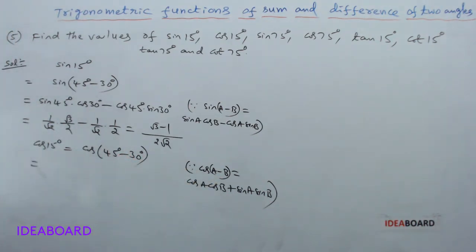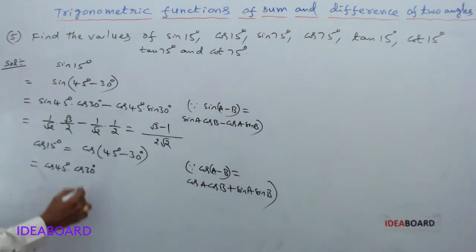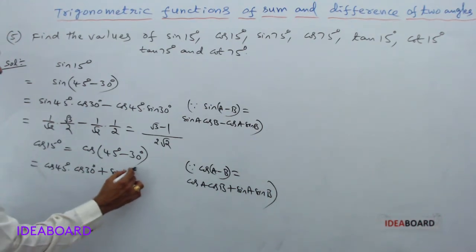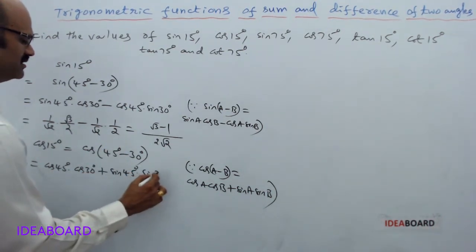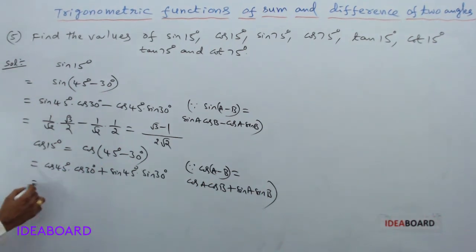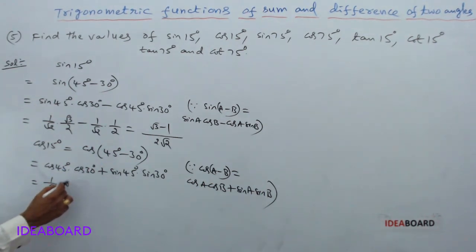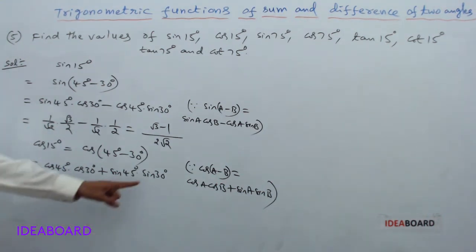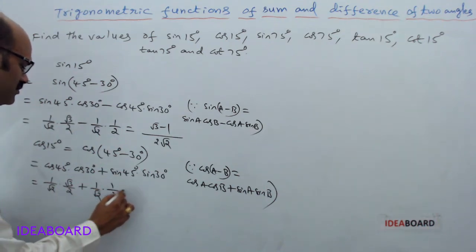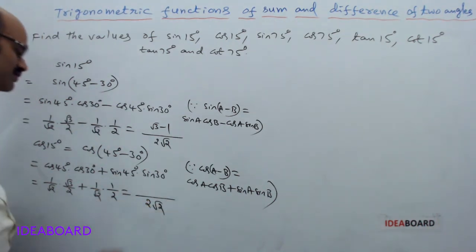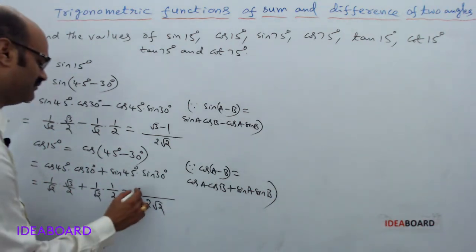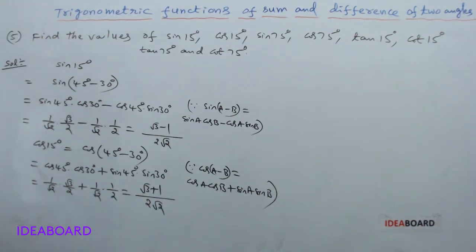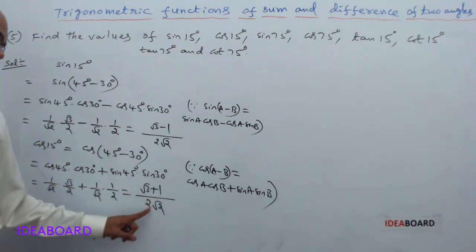So it equals cos 45 into cos 30 plus sin 45 degrees into sin 30 degrees, which is 1 by root 2 times root 3 by 2 plus 1 by root 2 times 1 by 2. Taking LCM, we have 2 root 2, so the numerator is root 3 plus 1. Therefore, the value of cos 15 equals root 3 plus 1 by 2 root 2.